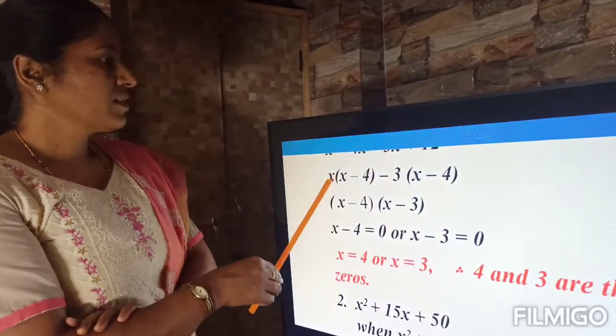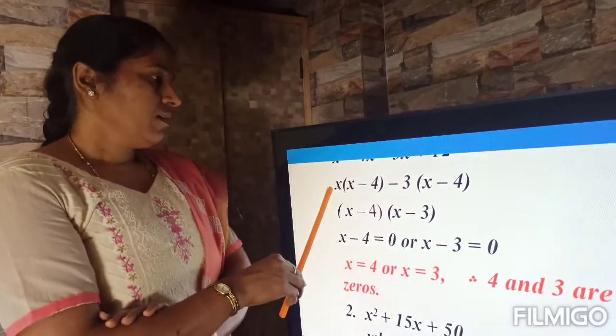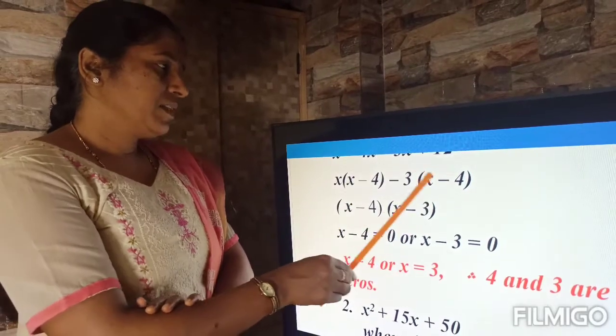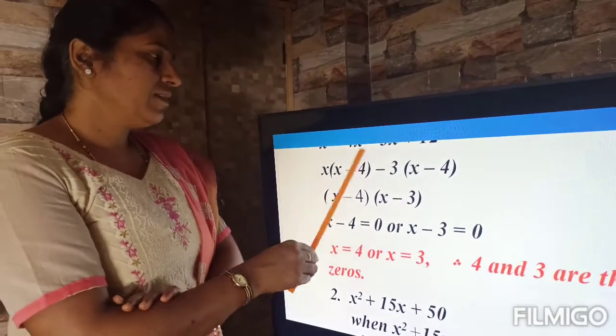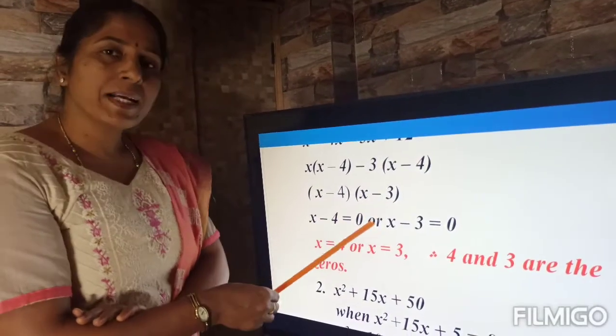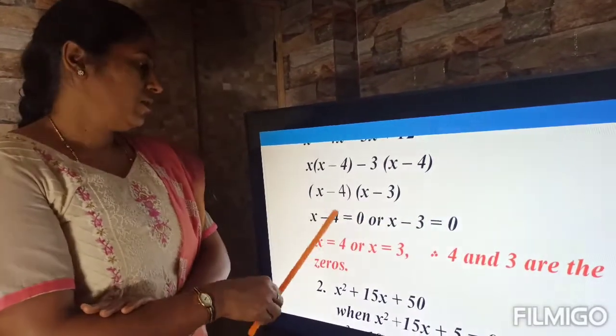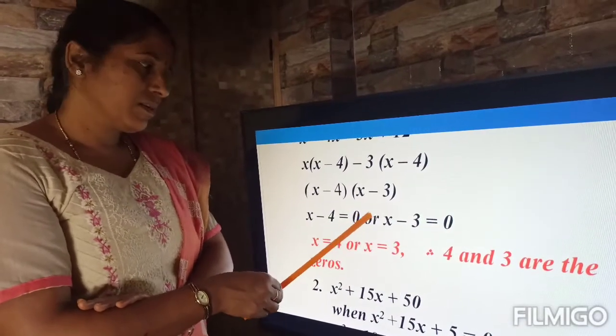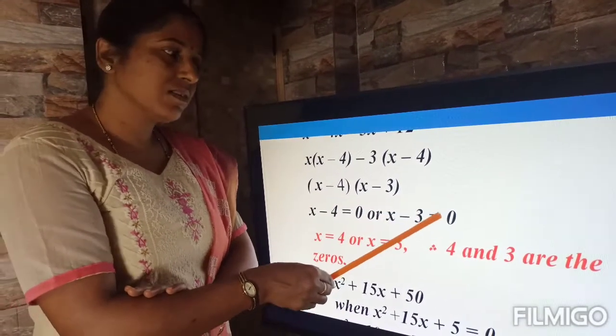Instead of these two, we kept one time, and these together made another bracket. Now both the brackets equalize to 0. X minus 4 is equal to 0 and x minus 3 is equal to 0.